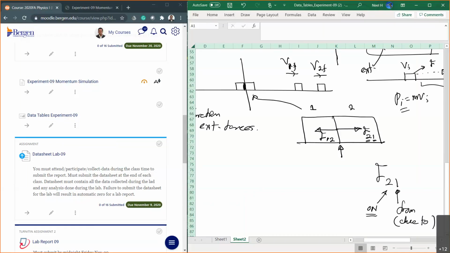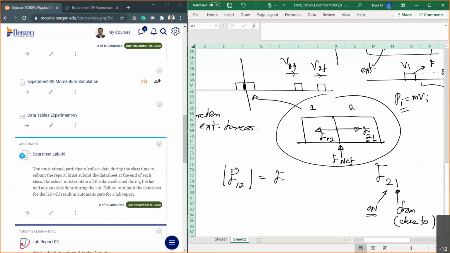If I consider the net force at this exact moment, you can see forces F12 and F21 are equal in magnitude and opposite in direction.